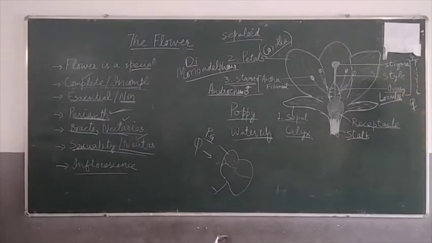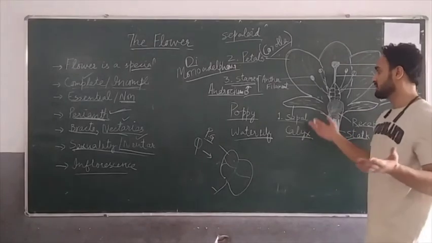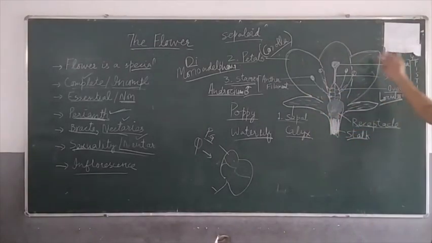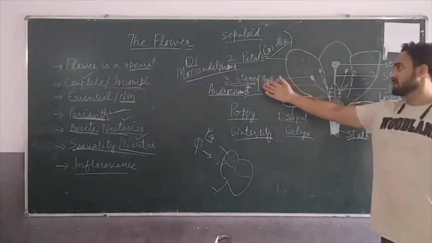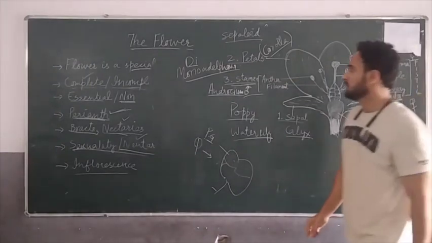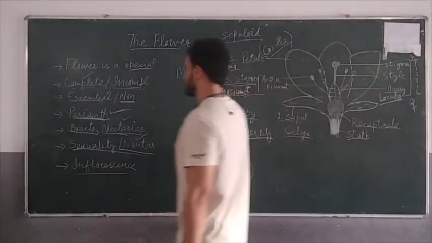So this is all about the basic structure of a flower, wherein we studied the four different whorls: the first was the sepals, the second was the petals, the third was the androecium or the stamens, and the fourth was the pistil.